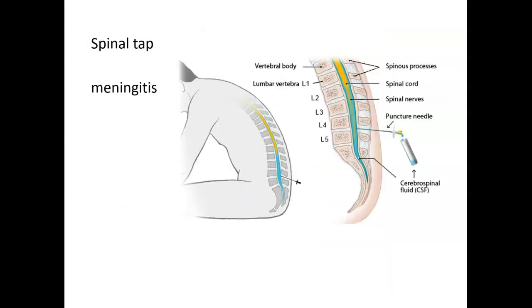A couple other things I want you to notice about cerebrospinal fluid and the meninges. Remember we said the meninges are those protective layers on the outside of the brain and spinal cord. So you probably have heard of a disease called meningitis. Meningitis can be caused by bacteria or viruses.